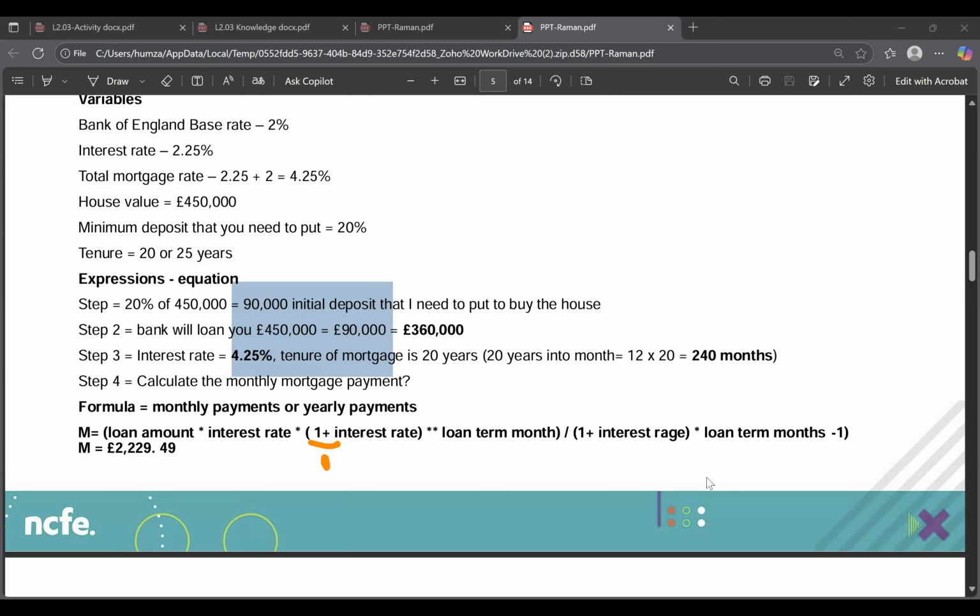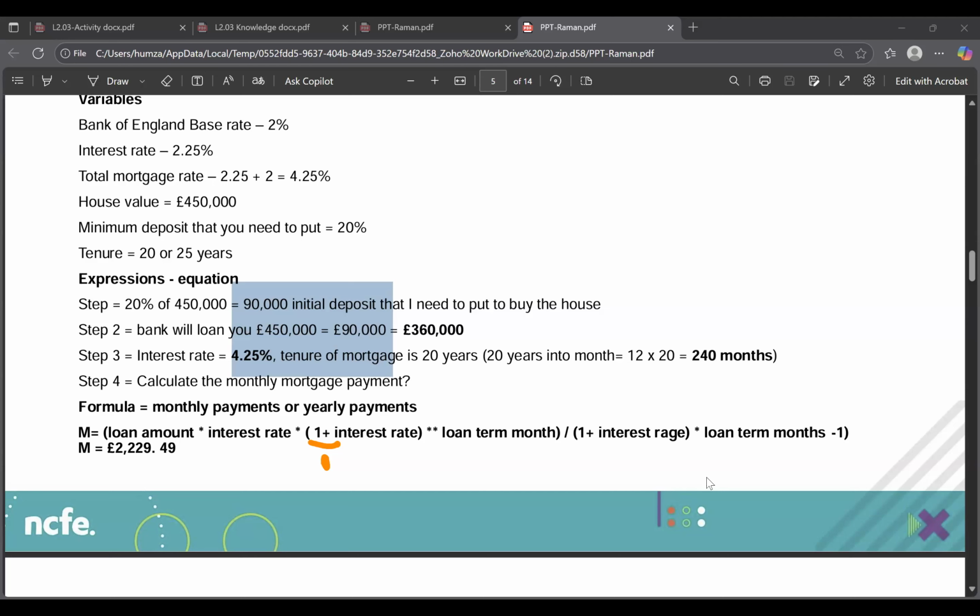Is that the interest for the whole term, or is it for every month you have this interest rate? Let me just work it out. 360,000 divided by 240. Yeah, so it's every month, sorry. It's not like this.